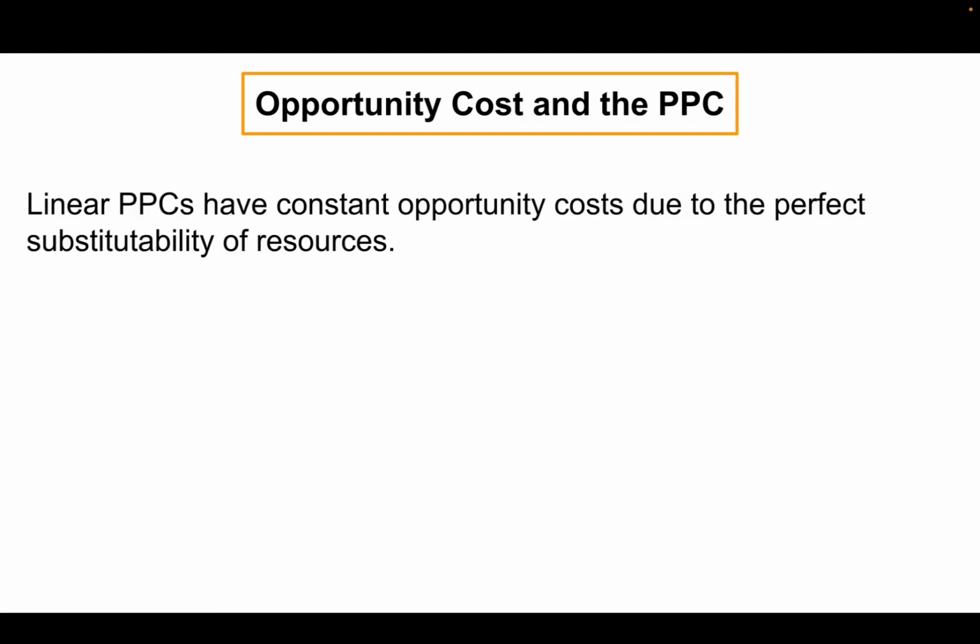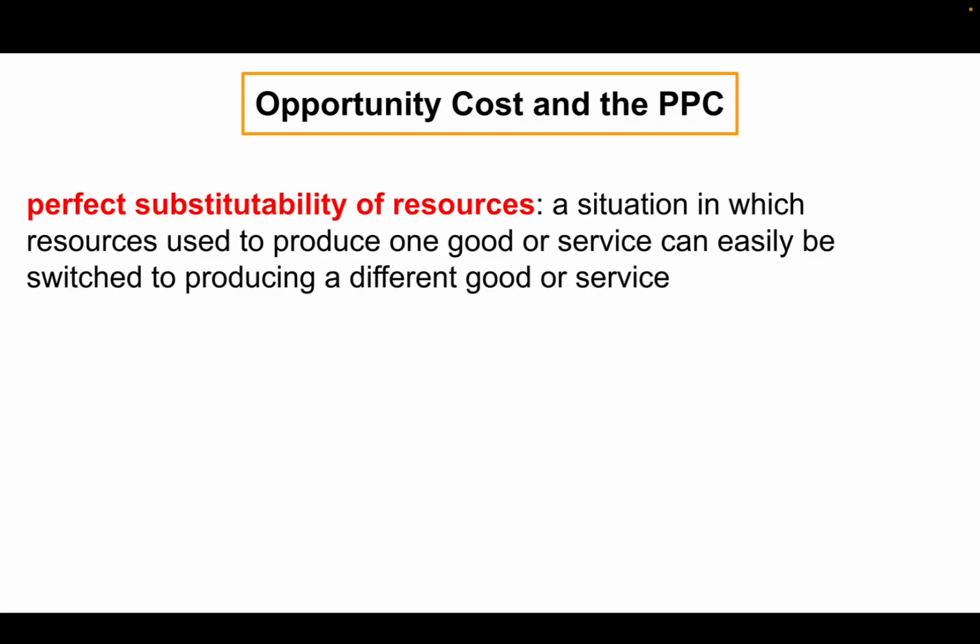As for the reason why, this is called the perfect substitutability of resources. It's the idea that you have a situation in which resources used to produce one good or service can easily be switched to producing a different good or service. So, what do I mean? Well, again, if we go back to our example with the cookies, if I decided I wanted to make more chocolate chip than sugar cookies, it's pretty easy to take the resources from making sugar cookies and then move them over to making chocolate chip cookies, right?